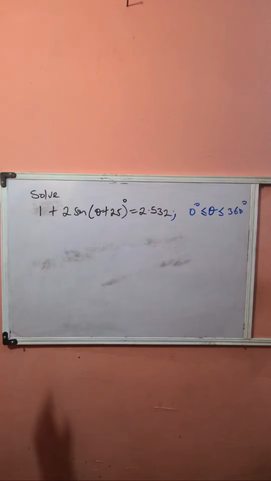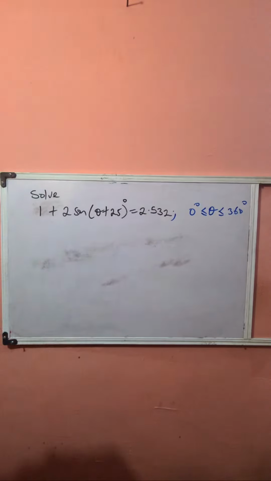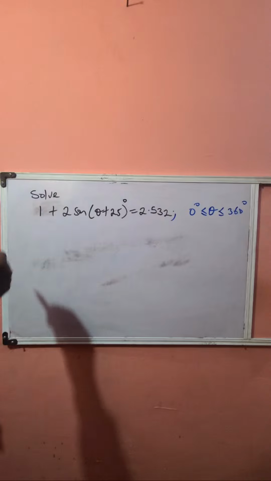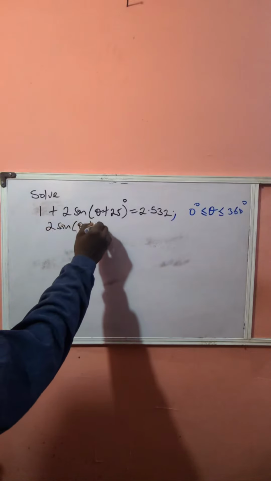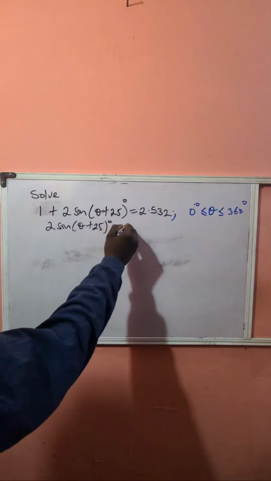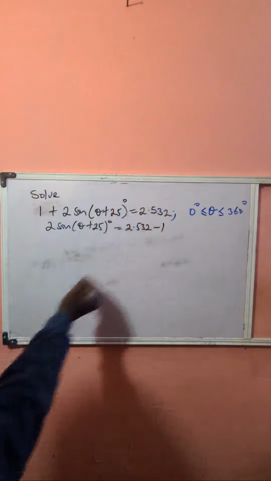When you're dealing with mathematics generally, you want to start by resolving all the things you can resolve easily. So before I go into all the complexities, let me first do the things that are very conspicuous to do. I have 1 here and 2.532 here, so I can collect like terms: 2 sine(theta plus 25 degree) equals 2.532, cross the 1 over, minus 1.